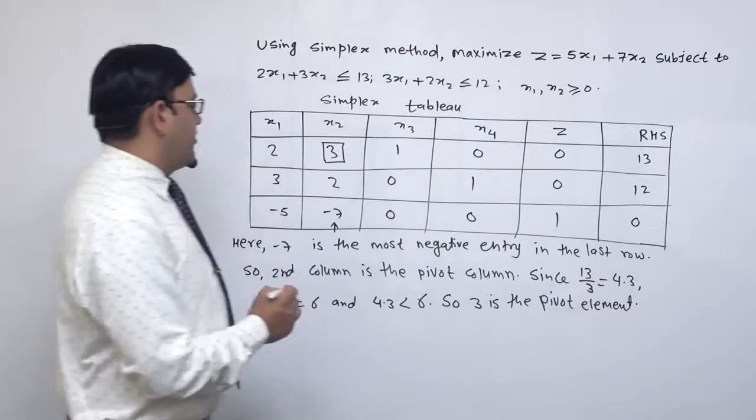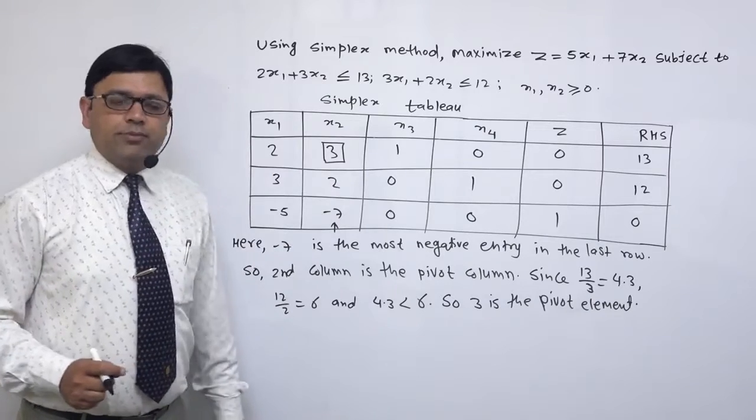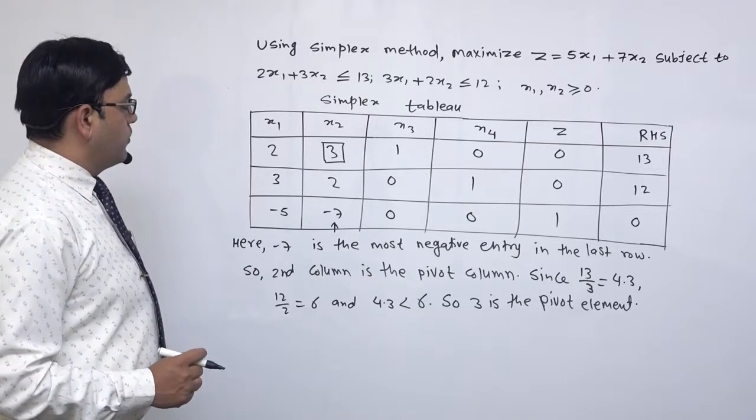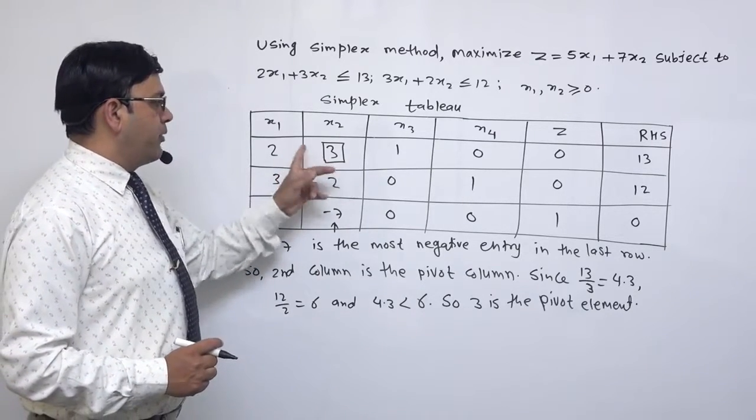So this is how we had to find the pivot element. We found the pivot element, now we have to make this pivot element 1.